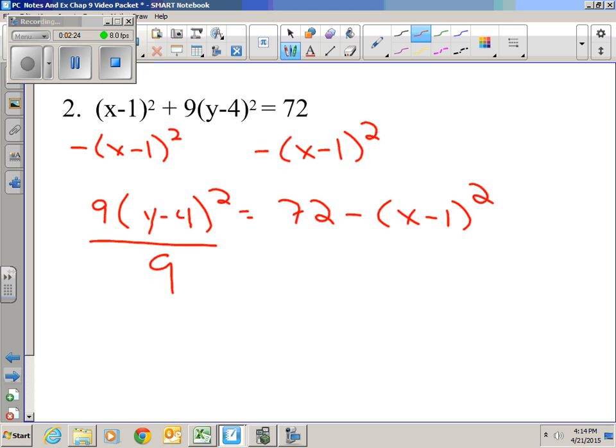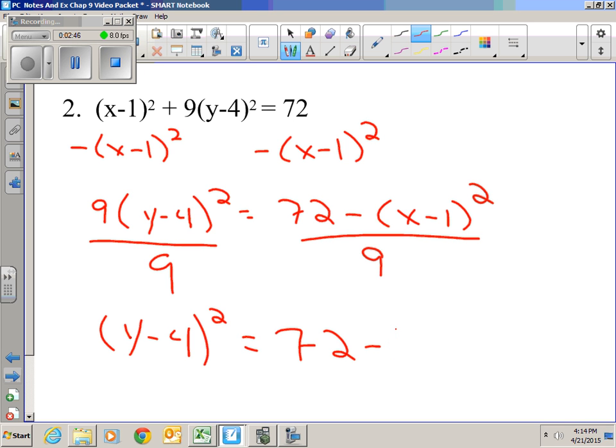And here you can make a choice. You can simplify things, but let's make our life simple, and let's not simplify things. So let's just divide the whole thing by 9. When I do that, I now get y minus 4 squared is equal to 72 minus quantity x minus 1 squared, all over 9.